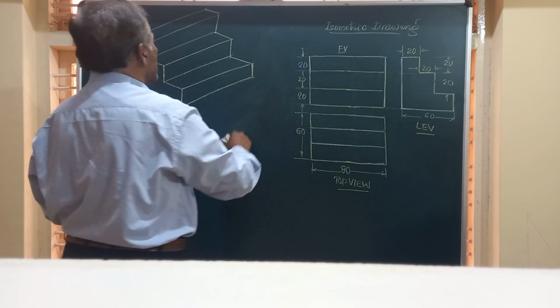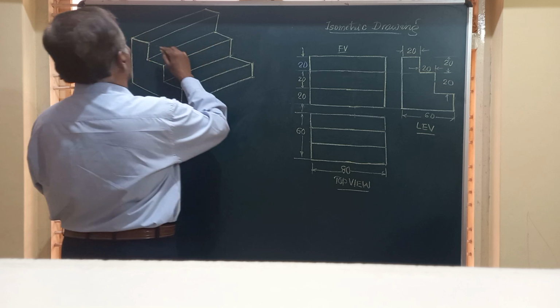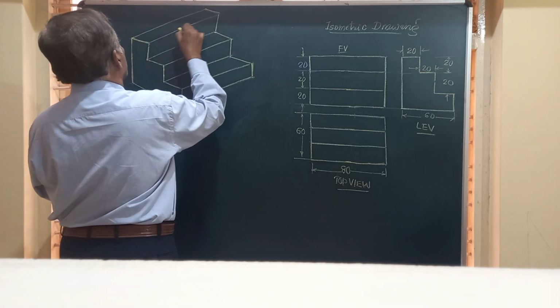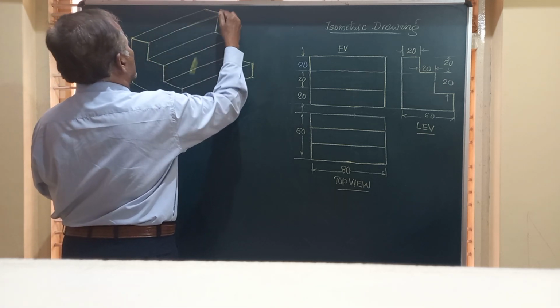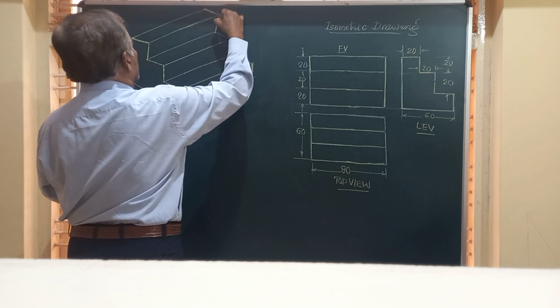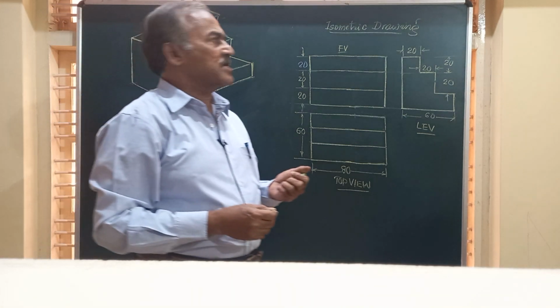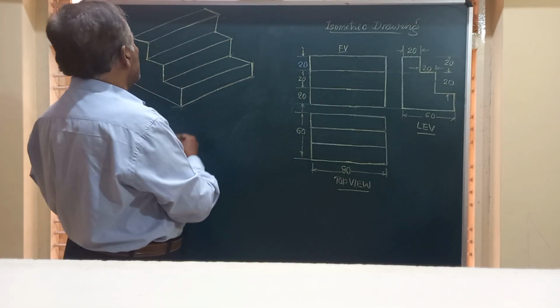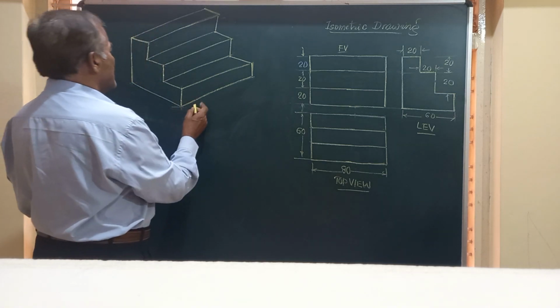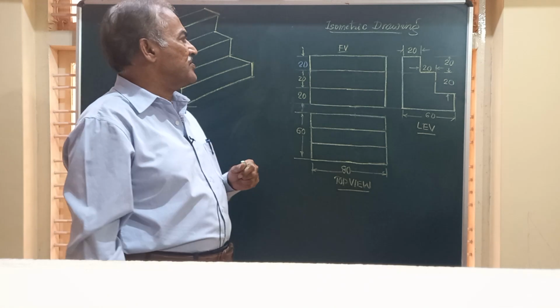And after removing the lines, friends, you can just show all these visible lines by dark lines. Remember, before you conclude, we have to check whether the isometric drawing we have drawn is as per the dimensions given in the orthographic views.